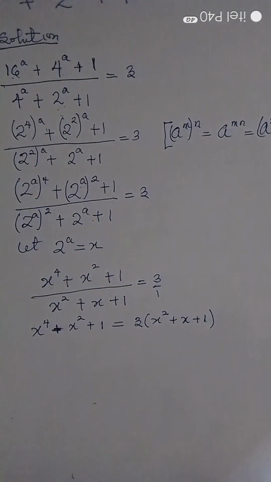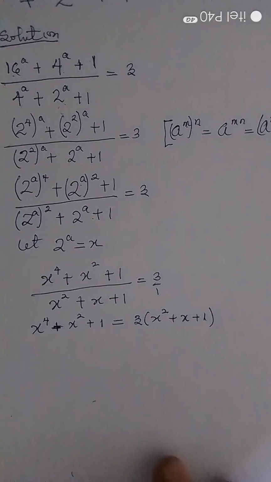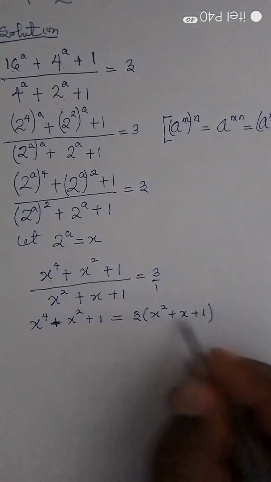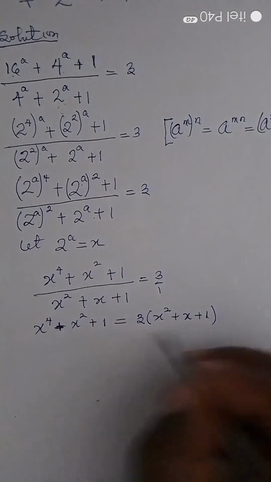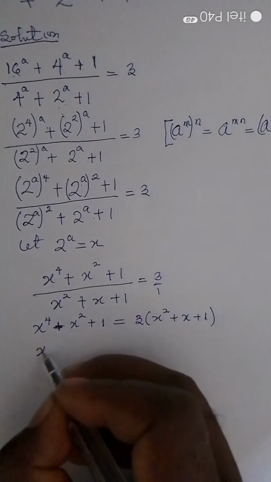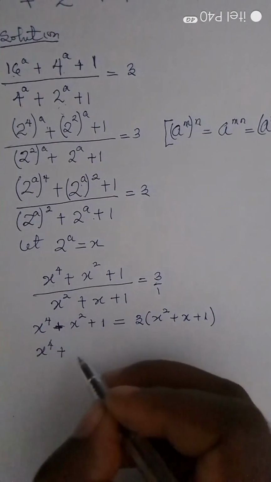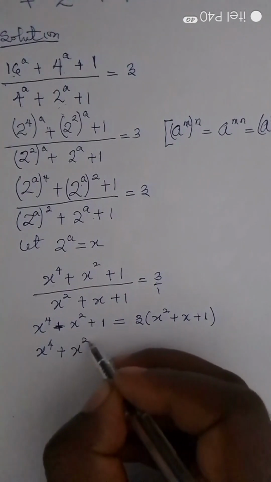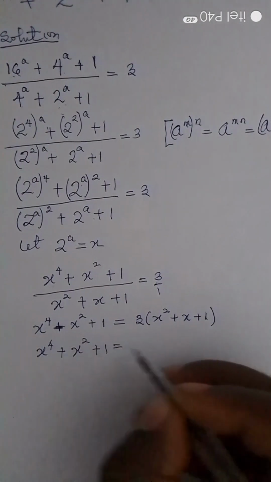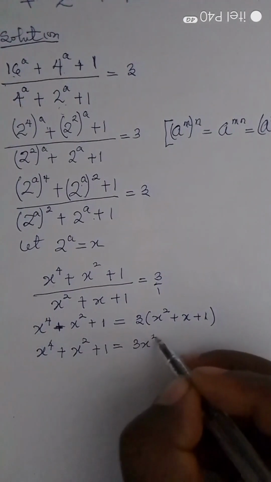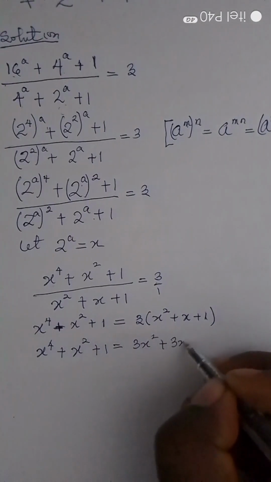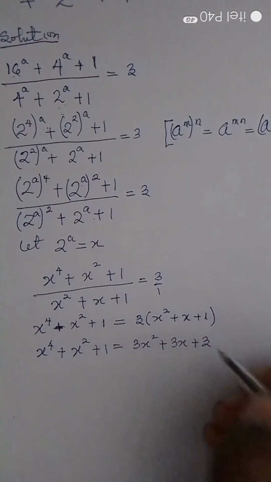So we open up the bracket, expand the bracket on the right: x to the power of 4 plus x to the power of 2 plus 1 equal to 3x squared plus 3x plus 3.